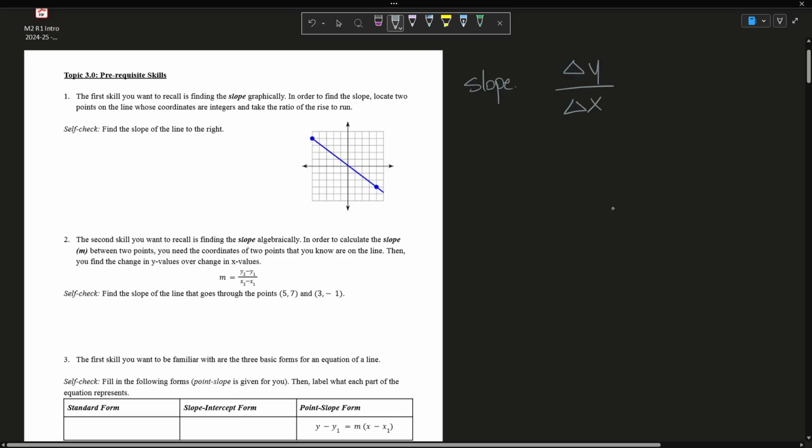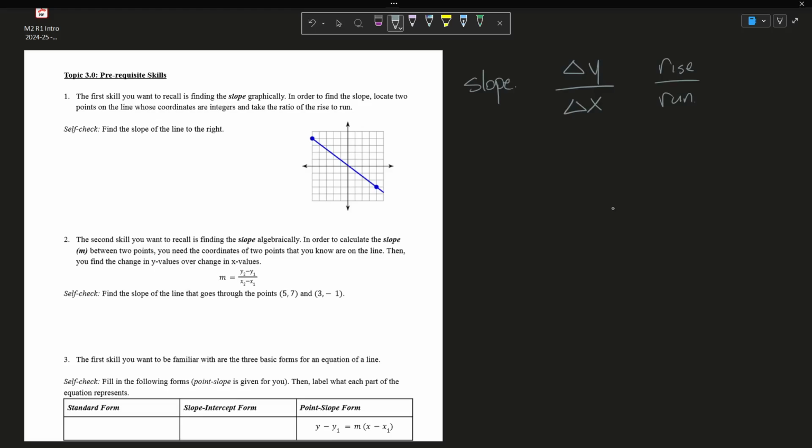Or we have it down below: y minus y, x minus x. You have your rise over your run. Looking at this slope, we want to find two points that work, and it's already given to us. We want to use points that are exactly on the line. (0, 0) is really close, but it's not quite exact, so let's refrain from using that.